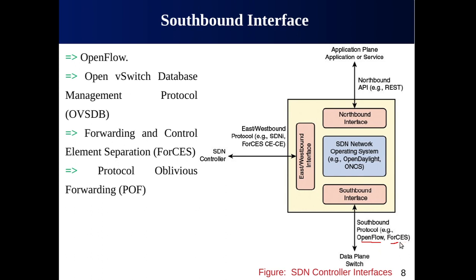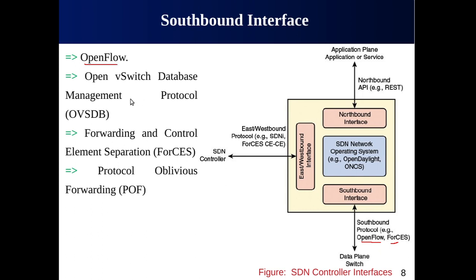We also have another one known as OVSDB, which stands for Open vSwitch Database Management Protocol. And finally, we have the third one, known as Protocol Oblivious Forwarding, or POF. So these are some of the APIs at the southbound, but the most common one is OpenFlow.